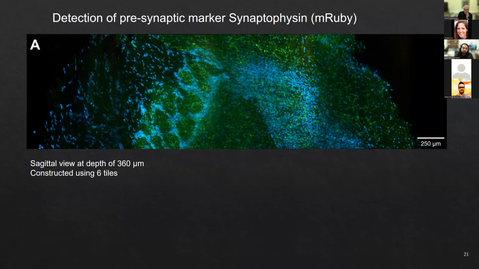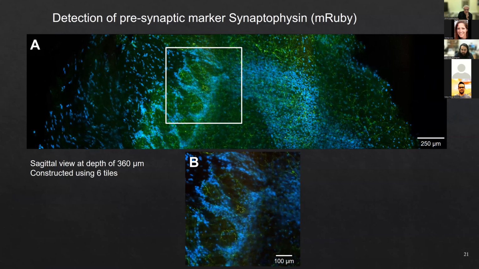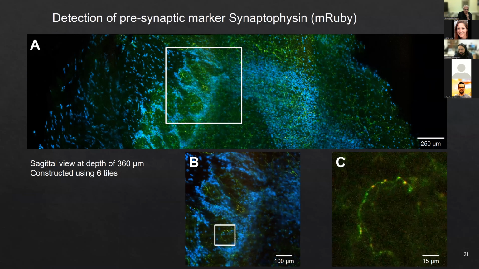And for that, we will analyze now this synaptophysin, this presynaptic marker that is included in the same sample. So if we zoom in, right, we can see the colocalization of the mRuby with the GFP signal, but the resolution is not that good.